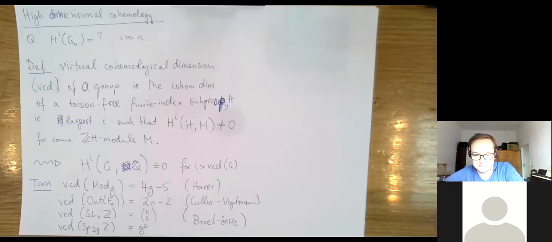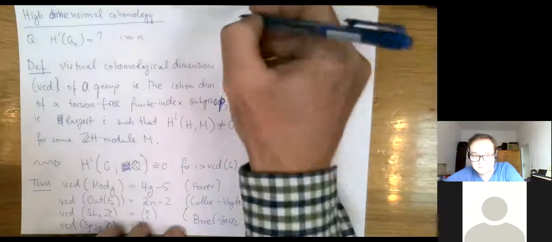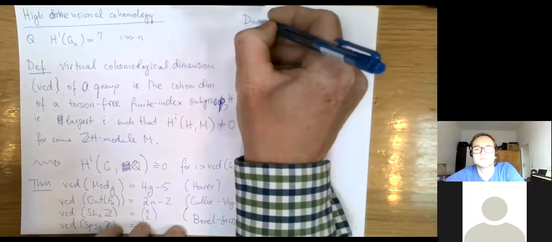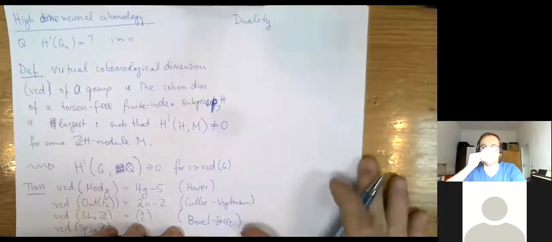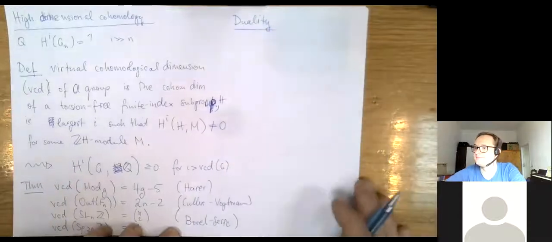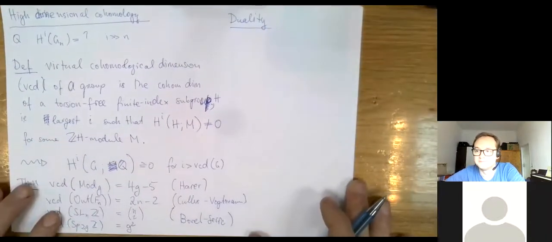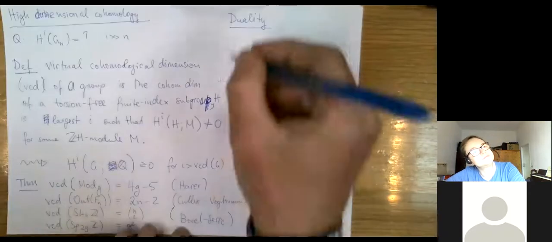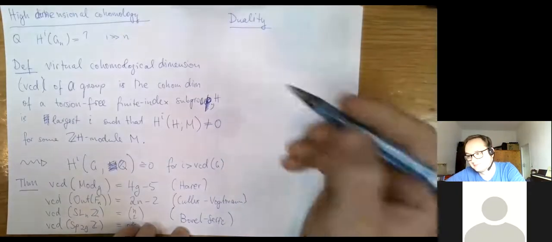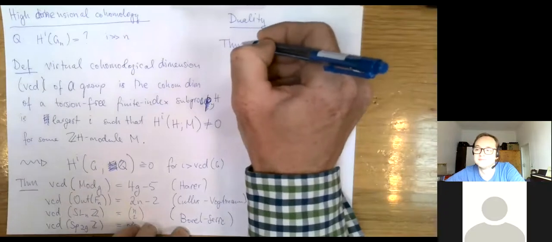So we will adjust our question a little bit here. An answer for this is a duality principle that is in some sense similar to Poincare duality, but I will just say what it says explicitly.